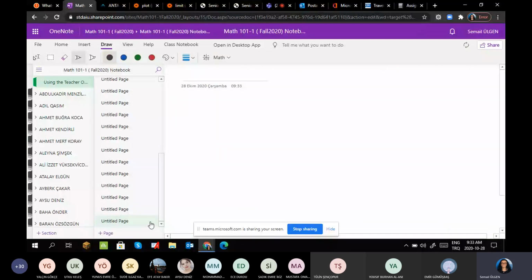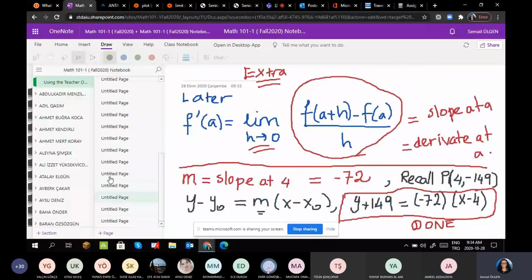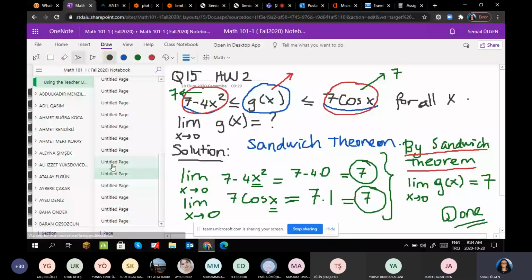How does x squared become 0? Just a second, let me go back to here. When you plug in 0 for x, 0 squared is 0, 4 times 0 is 0, 7 minus 0 is 7. Is this clear? So all the time you make x 0.